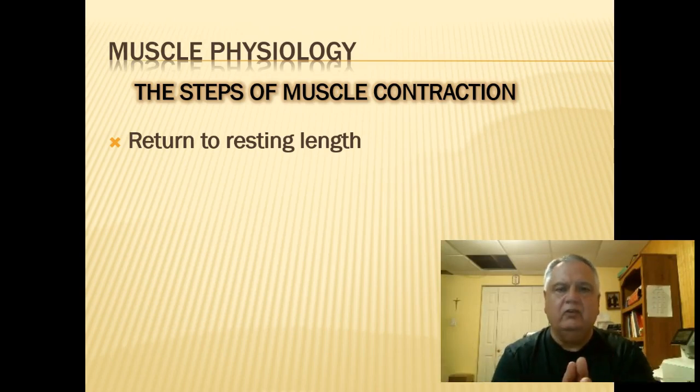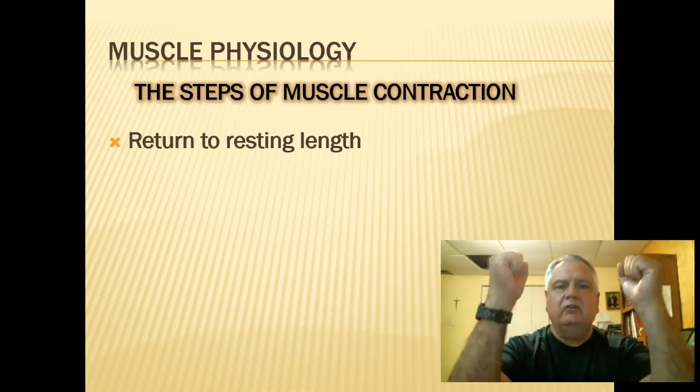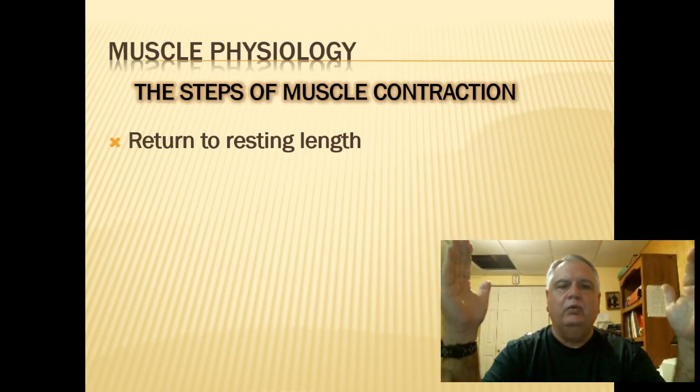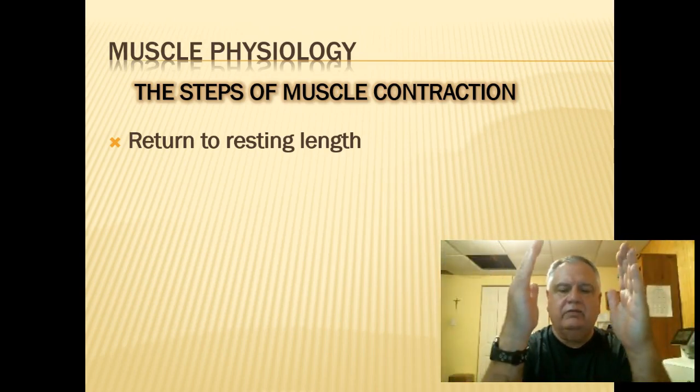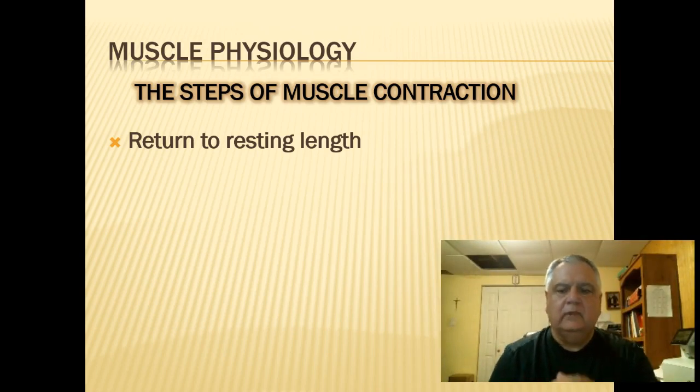Calcium floods into the sarcoplasm, the cytoplasm of the muscle fiber. The calcium binds to troponin, and that engages the sliding filament hypothesis. Myosin cross bridges pop up, they ratchet, and they pull the actin in over the myosin, which effectively shortens the sarcomere. As a result, the muscle is going to undergo contraction.